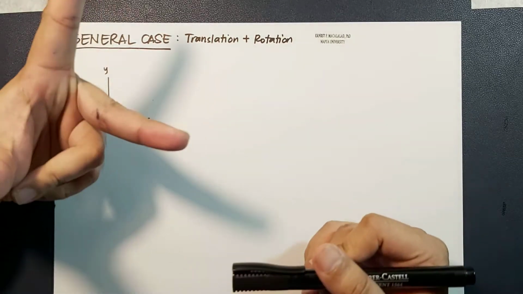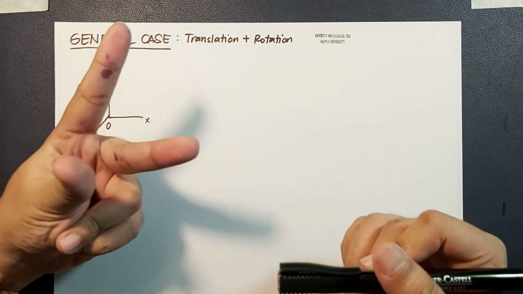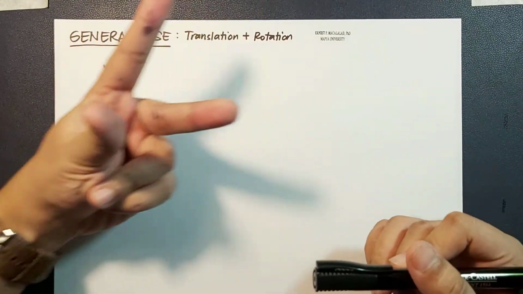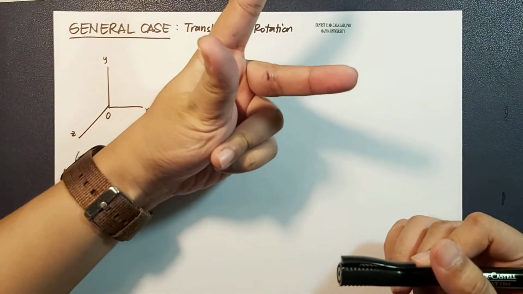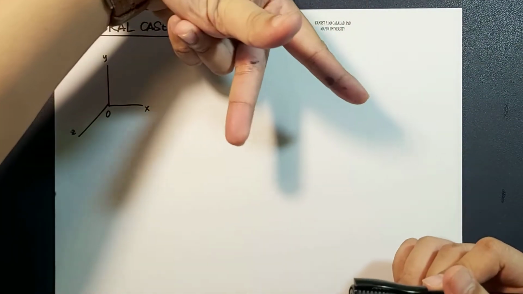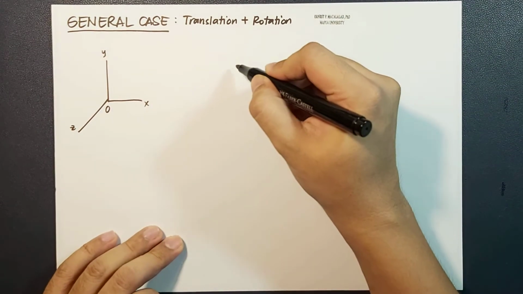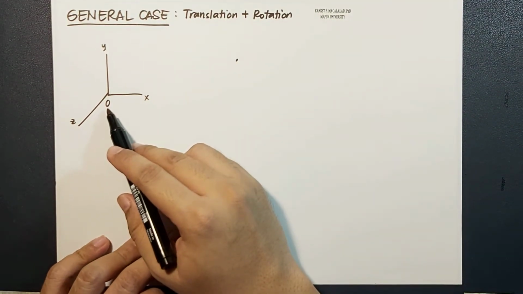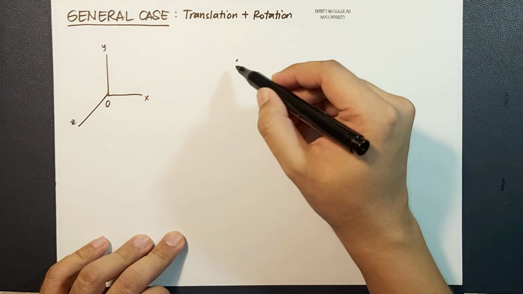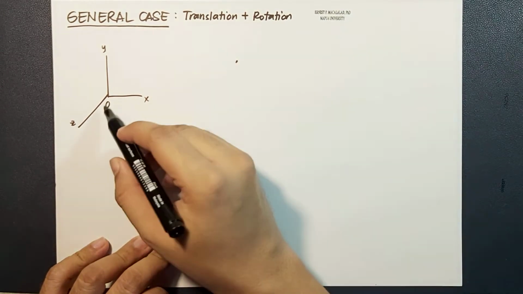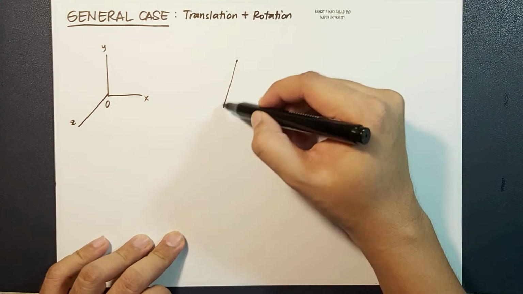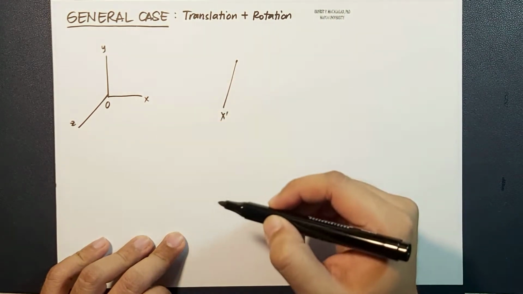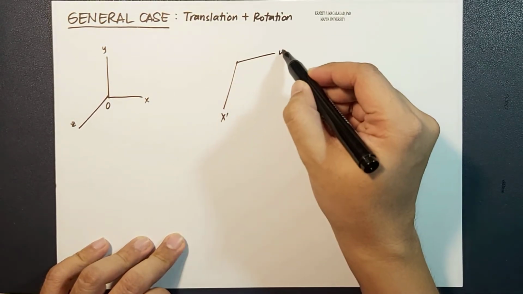And let's say this coordinate system moves here, and while translating in this direction, it also rotates. Let's say at this point is the origin of your moving system, O prime. Aside from translating, it also rotated like this.